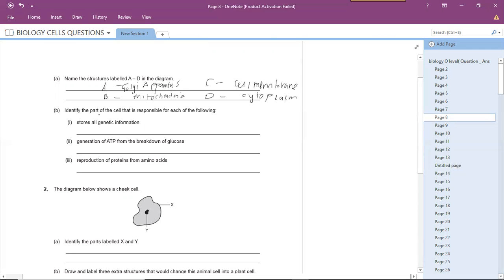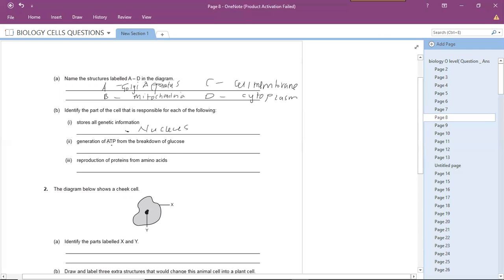Then identify the part of the cell that is responsible for each of the following. Stores the genetic information: the structure that stores genetic information is the nucleus. Generates energy, ATP. No wonder I told you the examiner won't say energy.